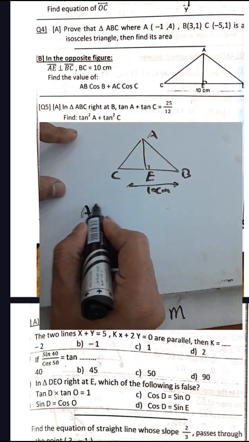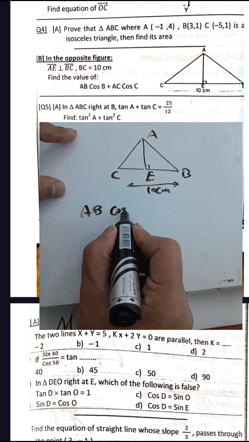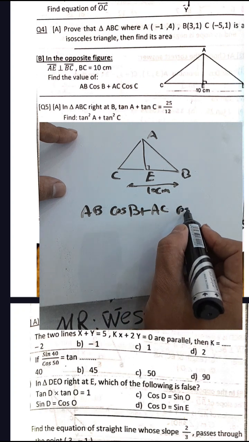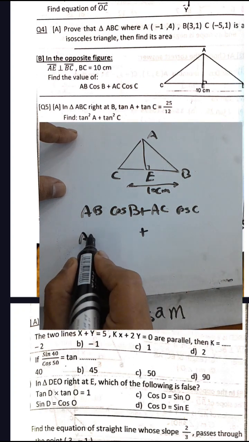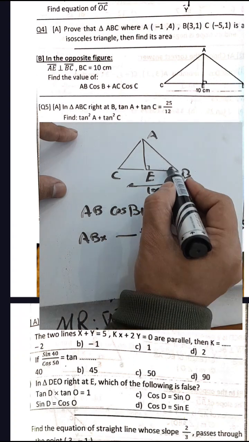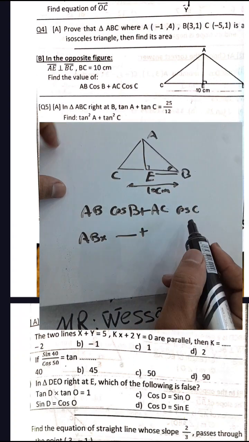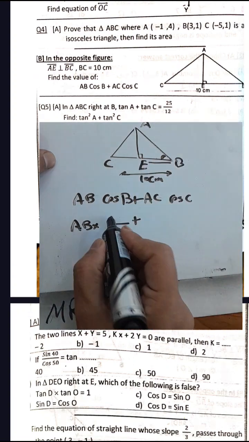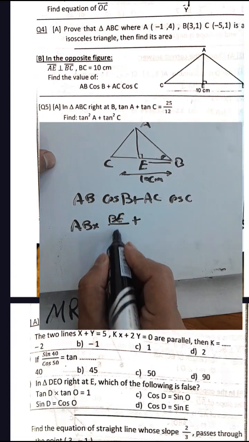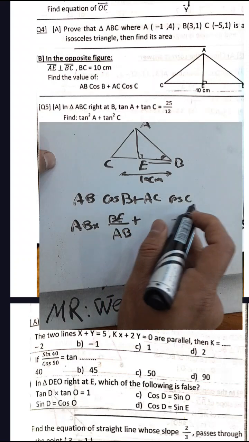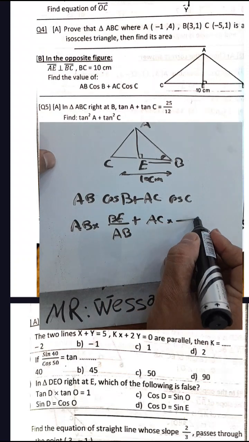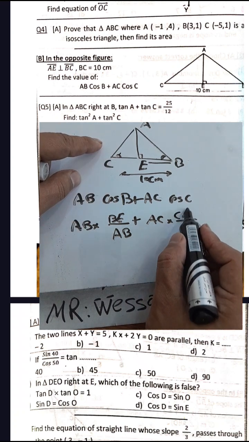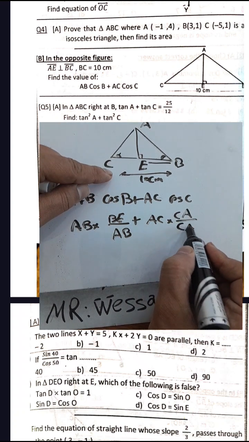We want to find the product between AB and cosine B plus AC product by cosine C. We can write AB product by cosine B, it will be adjacent over hypotenuse. We can write BE over AB, and we have here AC cosine C, adjacent over hypotenuse, CE over AC.